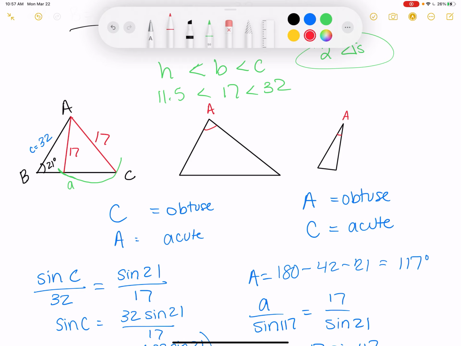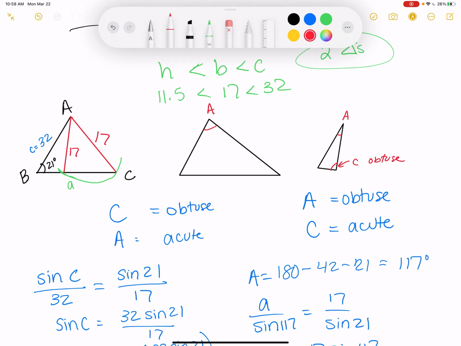It's not going to look like it here, but this is my angle C that should be obtuse in this little triangle. Sometimes you don't know which one you're solving for initially when you start solving the triangle.